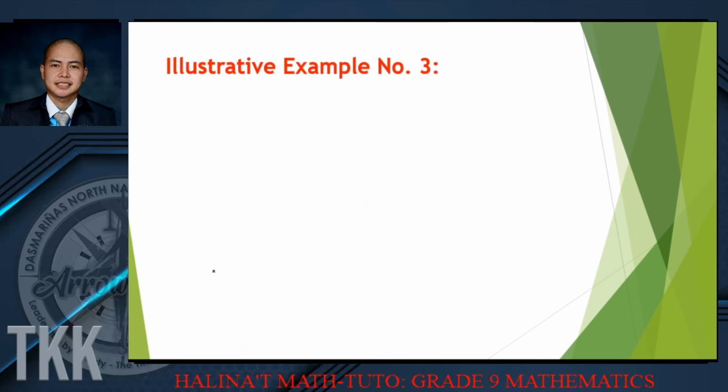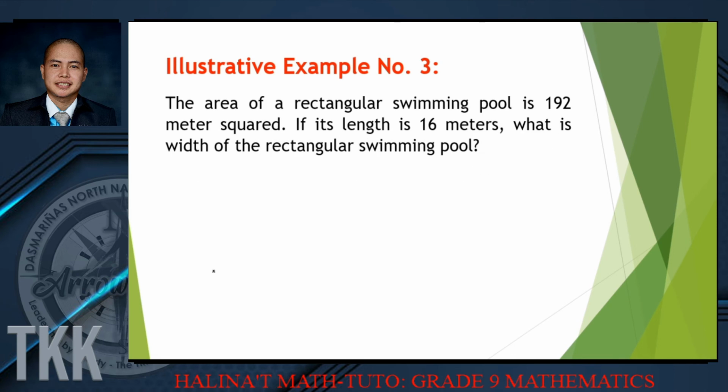Another example, number 3. The area of a rectangular swimming pool is 192 meters square. So we have a rectangular swimming pool. Let's say yan. Hindi lang ganun ka-perfect yung drawing ko. Okay? Given ang area niya, which is 192. So 192 yung area, meter square.